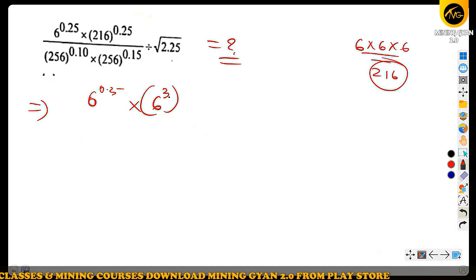That means 6 cube, cube of 6 is 216. That means (6 cube) whole power 0.25.